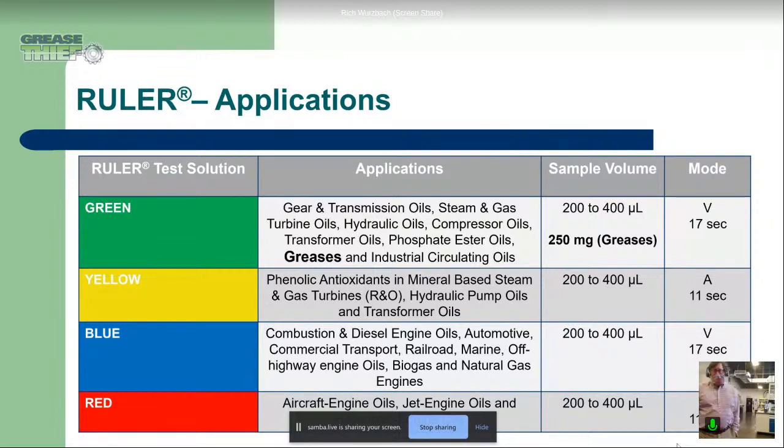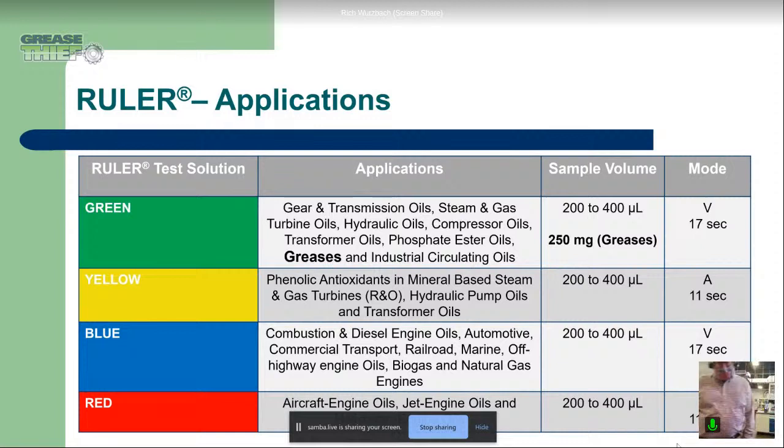So we have that linear sweep voltammetry, which means we're going to sweep the voltage through a range, and as it sees the corresponding current flow, which will happen at the specific voltage to the behavior of that additive, we'll see the current flow as an indicator of how much is there. So by where it comes out in that voltage sweep, we know what kind of additive it is, and by how high the peak is in terms of current flow, we know how much is there. And we create a profile for that.